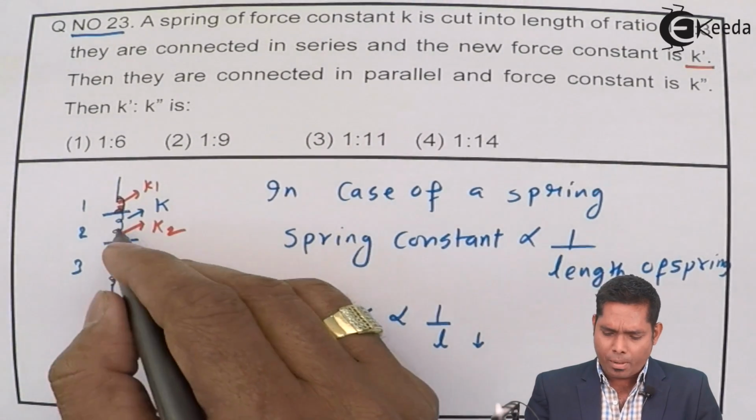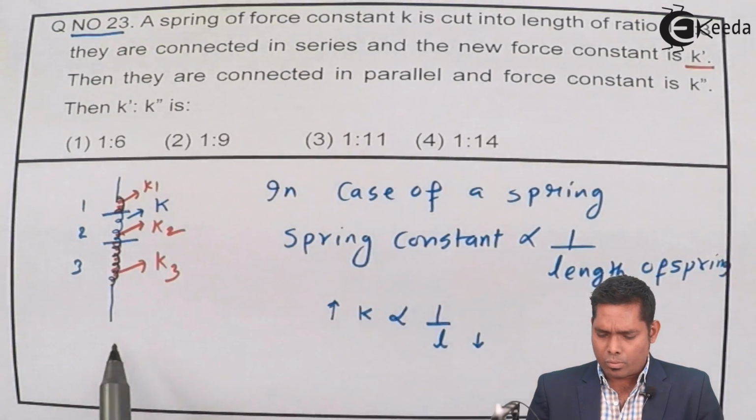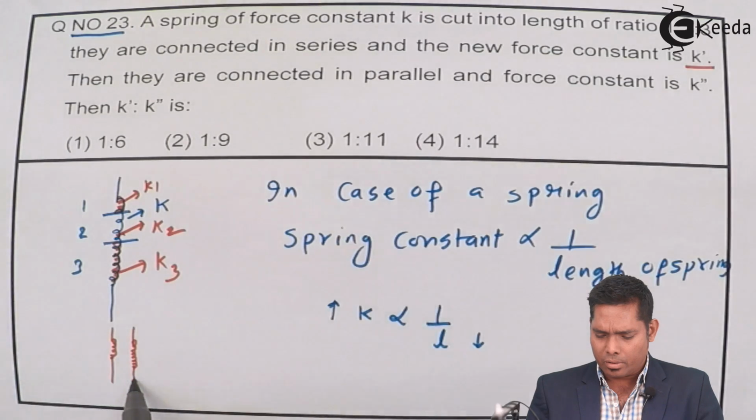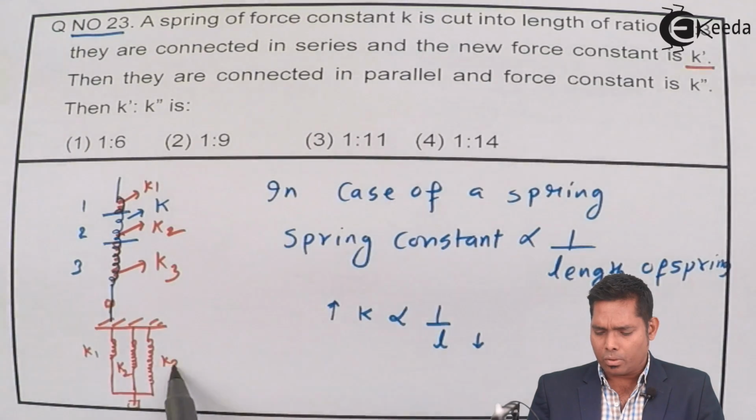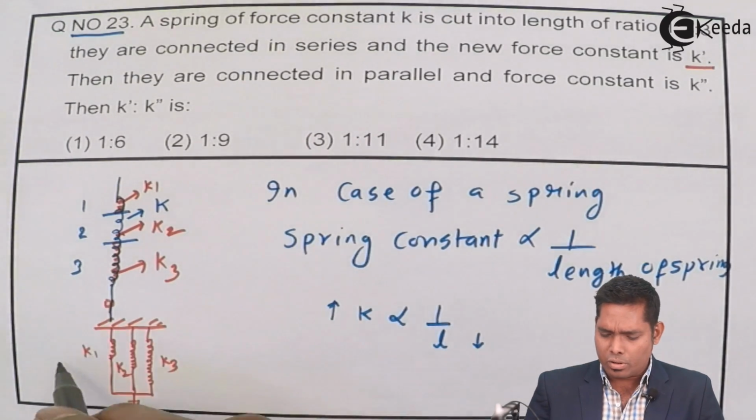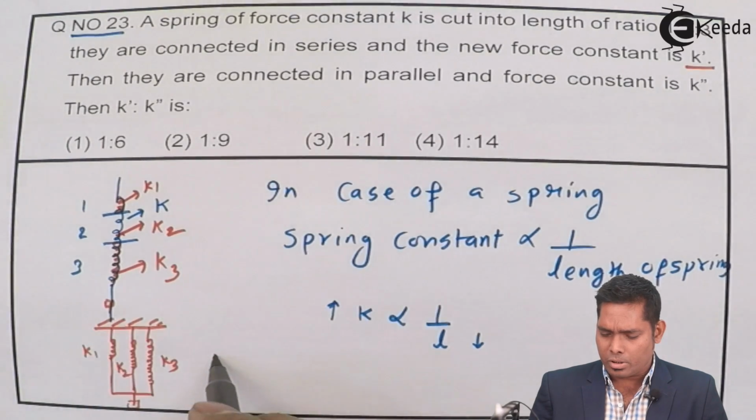Then these three parts are connected in parallel. When connected in parallel, the first part, the second part a little longer, and the third part longer still, are connected together and some load is put here. K1, K2 and K3 are spring constants in parallel, so the effective value of this combination is K double prime.